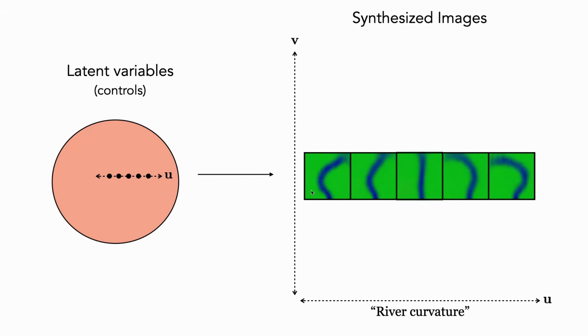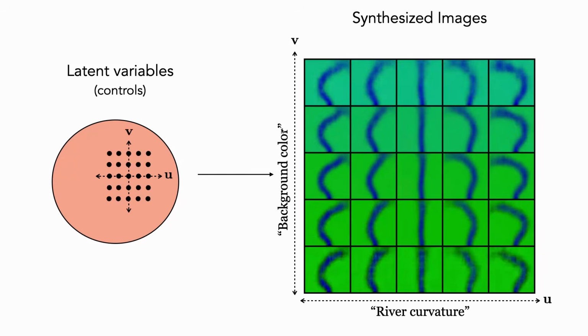Okay, so if I move along one axis of latent space, it ends up causing this kind of smooth variation in the output space where the curvature of the river changes. If I move along another dimension of latent space, it ends up changing the color of the grass. So indeed, my learned latent distribution ends up having different dimensions in latent space controlling different types of visual variation on this data.